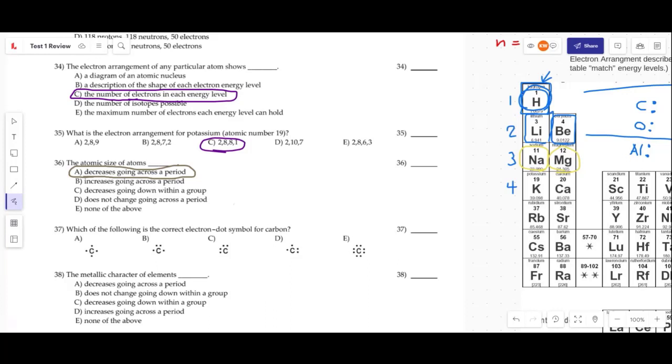The electrons are flying around the nucleus in this huge, enormous cloud. So most of the size of the atom is based on the electrons and how far away they are from the nucleus. Just because the mass increases going across the period, the actual size doesn't necessarily have to increase.